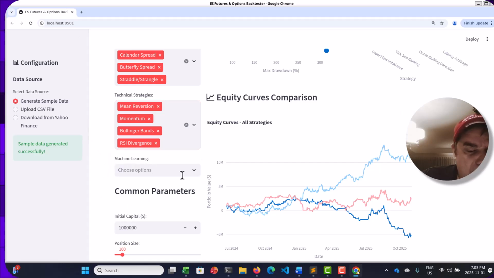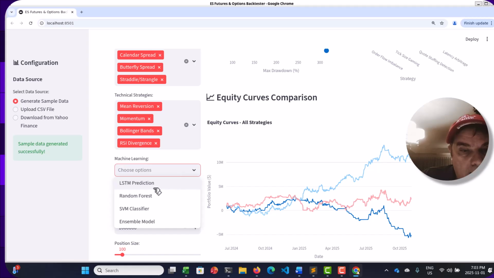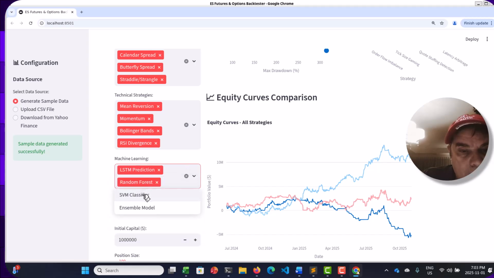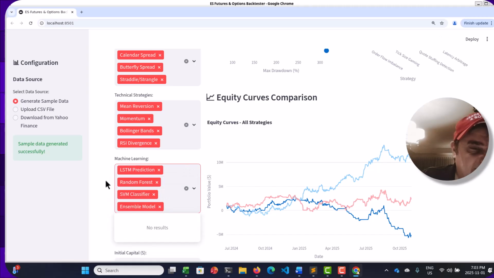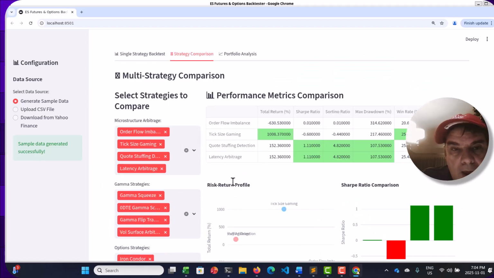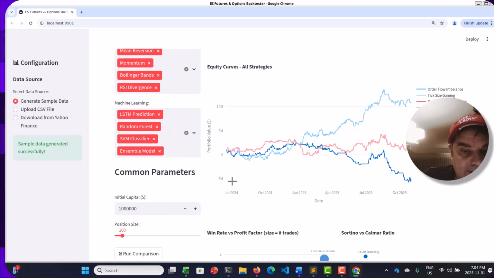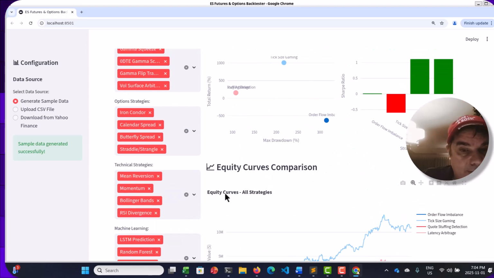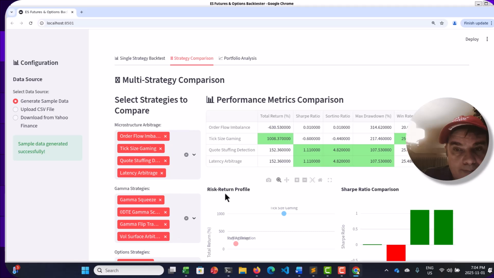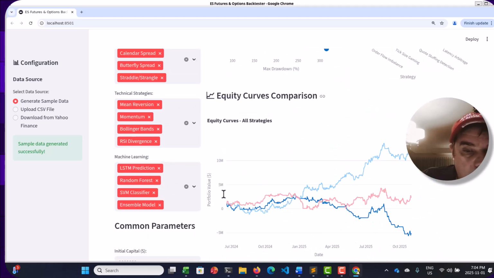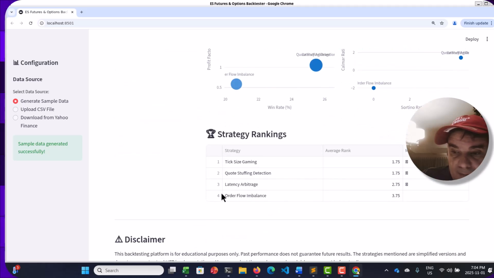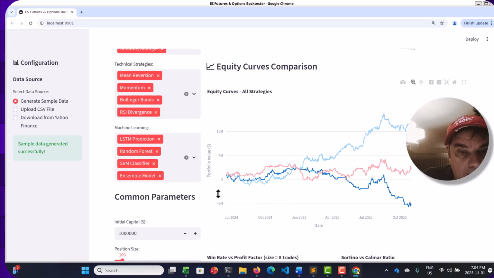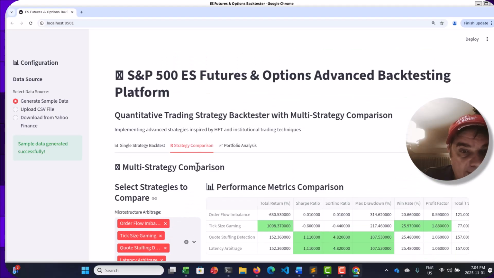And then we have our machine learning, LSTM, ensemble, on the same data set. So I guess we can run. How do we do this? I don't see a run button here. Okay, anyways, minus that.